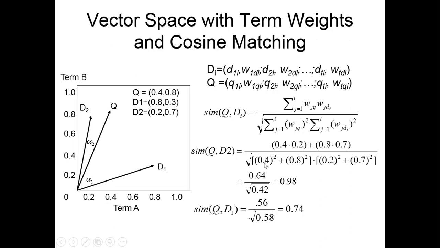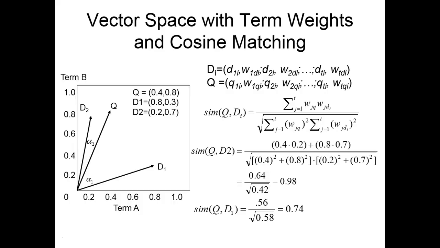The length of the query is the square root of 0.4 squared plus 0.8 squared. Multiply that with the square root of 0.2 squared plus 0.7 squared. That will give us a normalized similarity score.